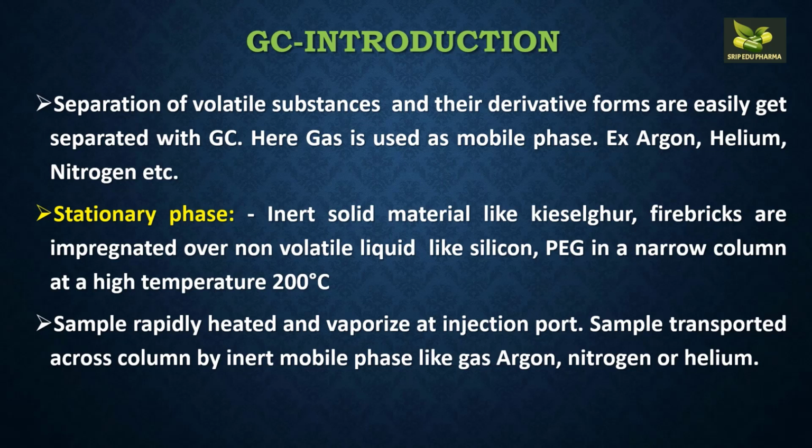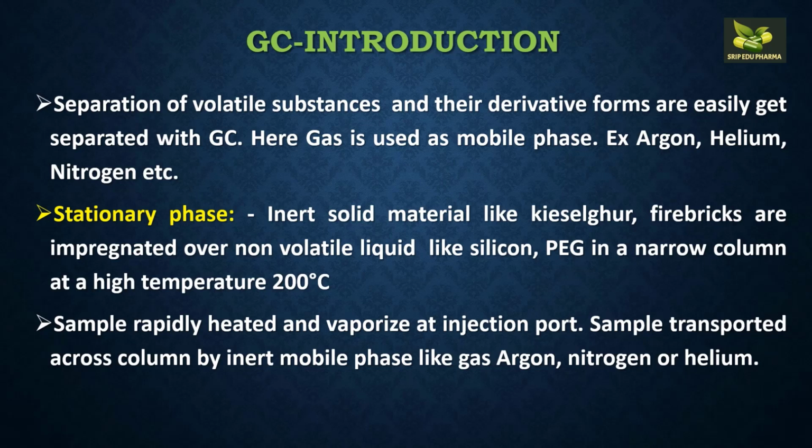The stationary phase is an inert solid material like Kieselguhr or fire bricks, impregnated with a non-volatile liquid like silicone or polyethylene glycol, in a narrow column at a high temperature, around 200 degrees centigrade. This column is folded in a spiral coil manner in the oven.